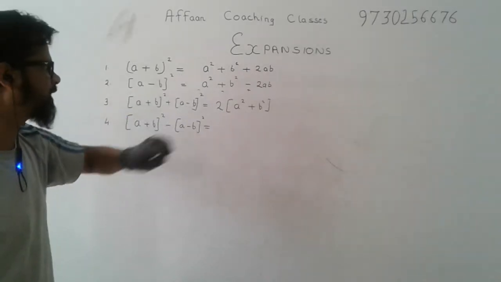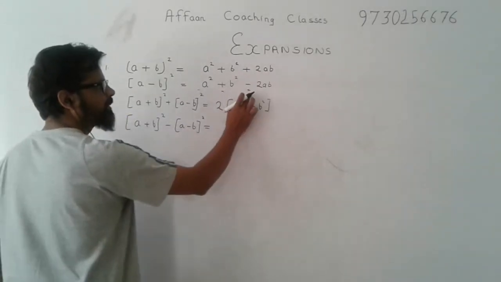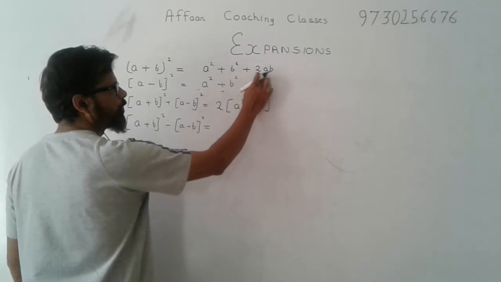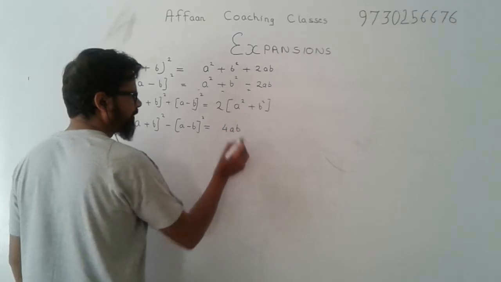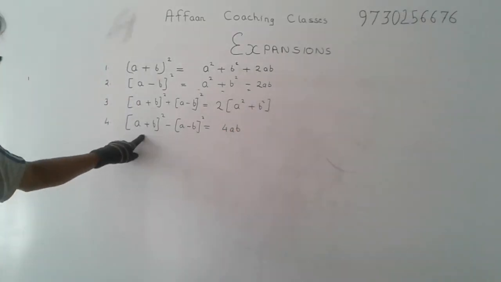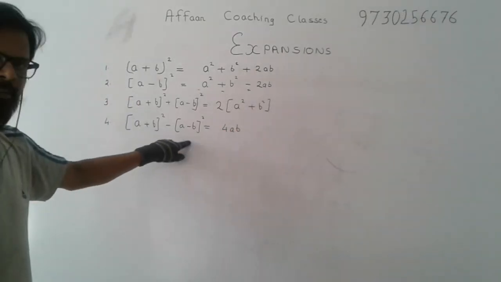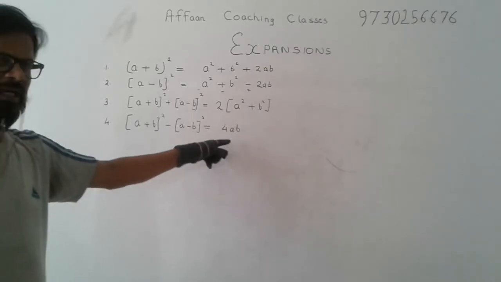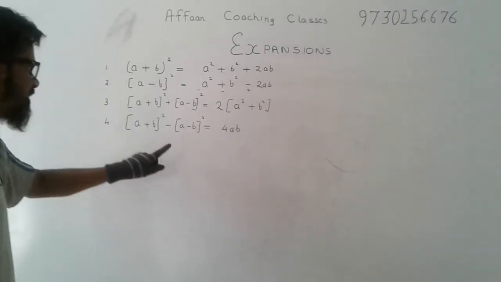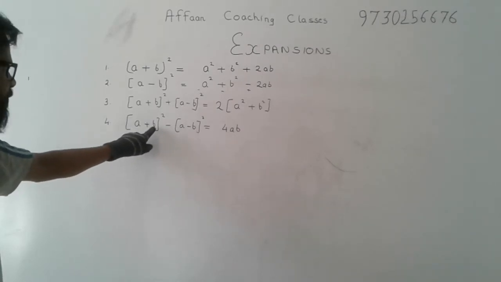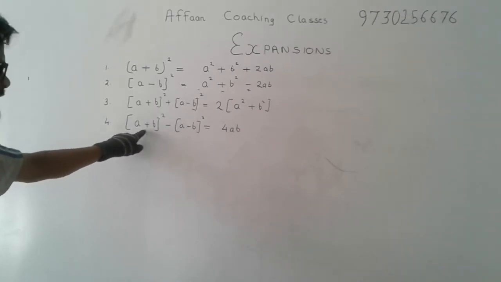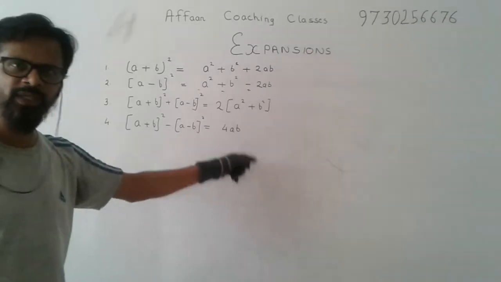Right? b square minus b square is again 0, and this has become plus. So 2ab plus 2ab will give you 4ab. So remember one thing, whenever you have (a plus b) whole bracket square minus (a minus b) whole bracket square, the answer is 4ab. That means 4 into first term into second term. Right? Whatever terms you have, just multiply with 4.